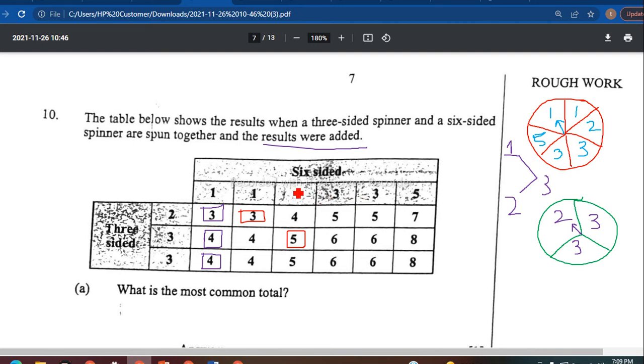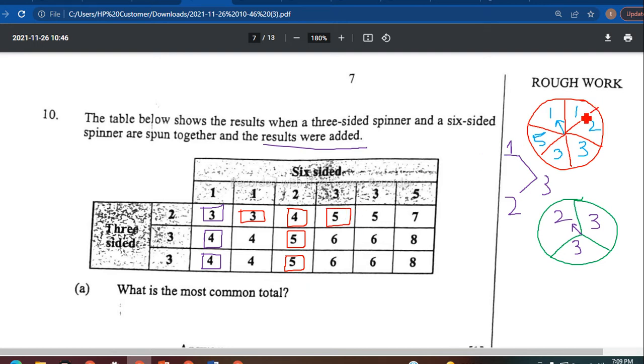Okay, so again, if we get 2 for the first spinner and 2 for the second spinner, the result would be 4. If we get 2 for the first spinner and 3 for the second spinner, the result would be 5. If we got 3 for the first spinner and 2 for the second spinner, the result would be 5.